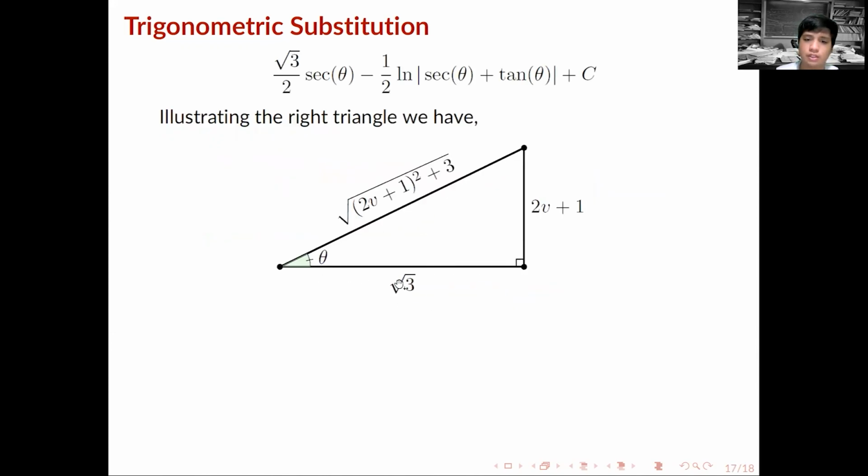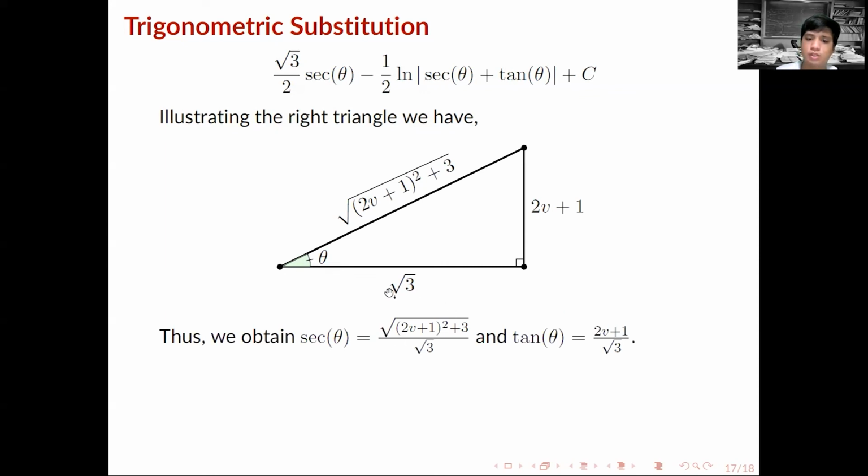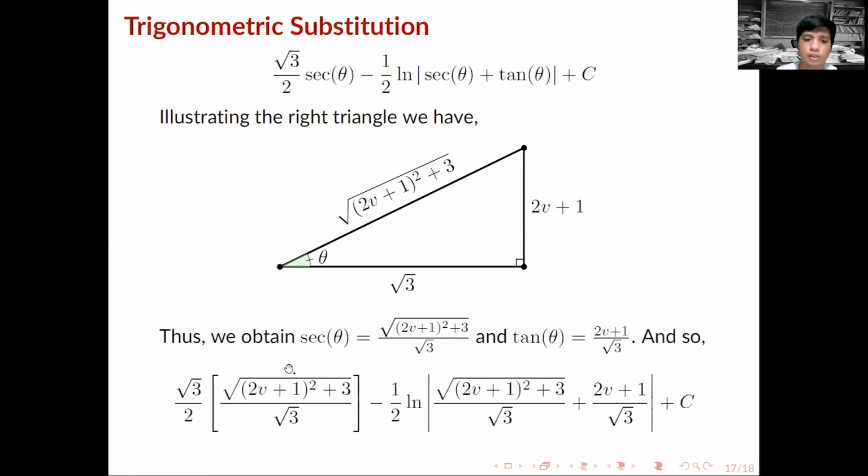Here's our reference triangle, and from here, we can easily see that secant theta is equal to this expression divided by square root of 3, and tangent theta is equal to 2v plus 1 over square root of 3. And from here, we will substitute these expressions to our trigonometric functions to obtain this integral.